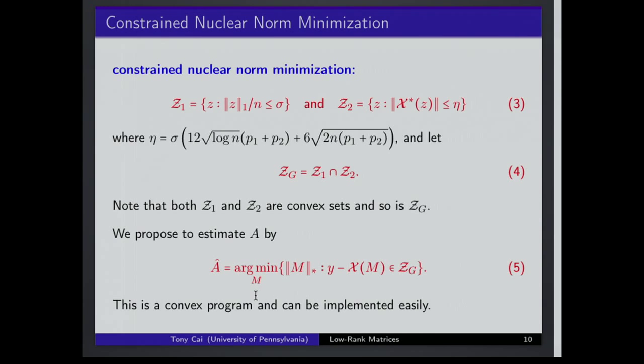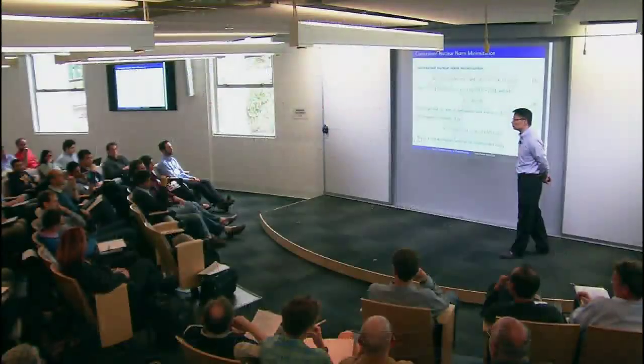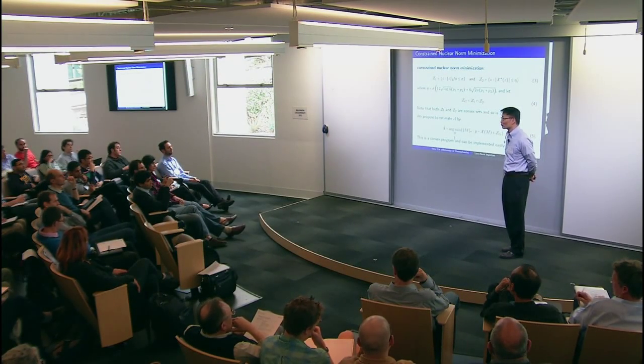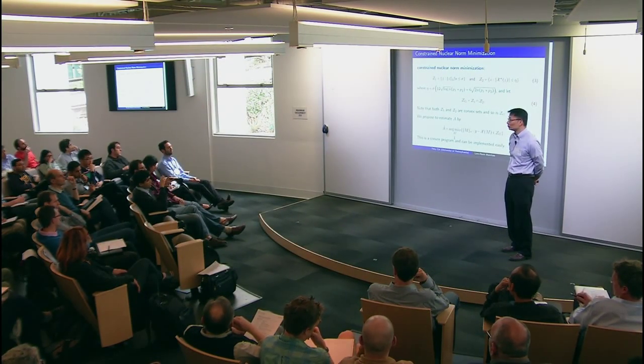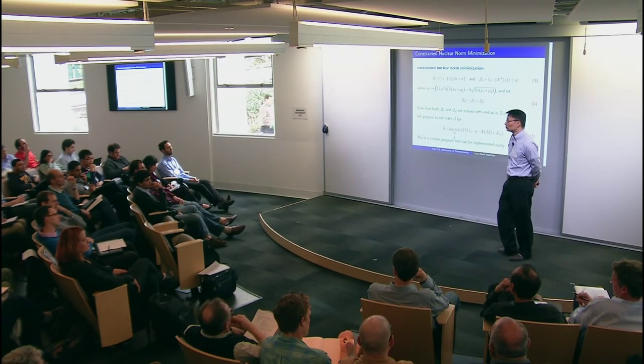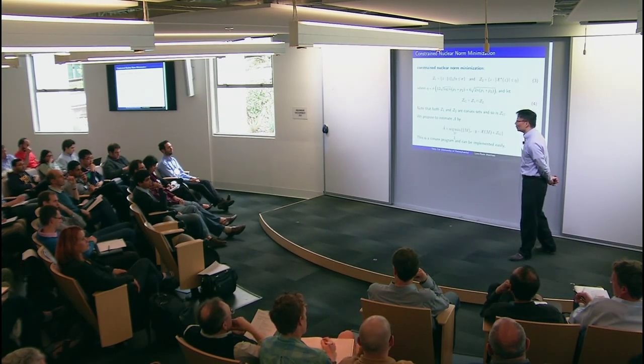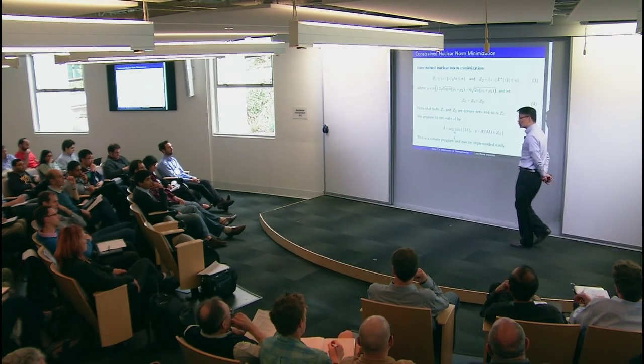So how does this compare to, you said it's not going to work for spiky matrices, how would that compare to just applying a linear transformation, a random rotation, to the rows and to the columns, and then using single observations? That depends.